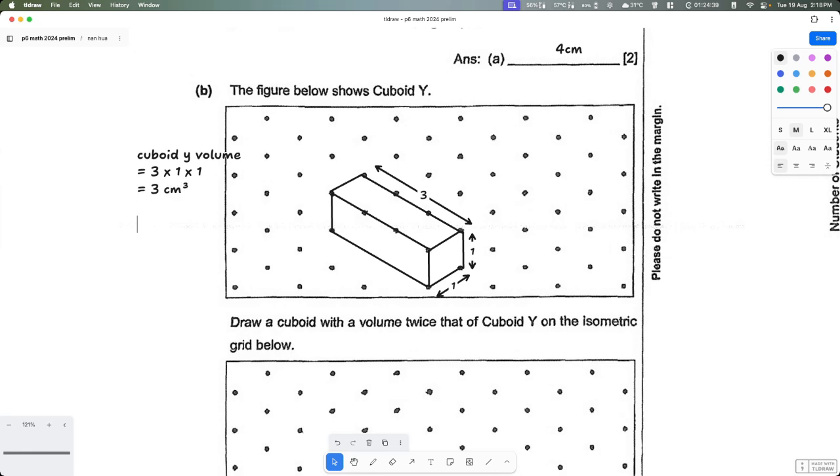So we want volume twice, which is equal to 3 times 2, which is 6 centimeter cube in this case over here. Pretty straightforward.